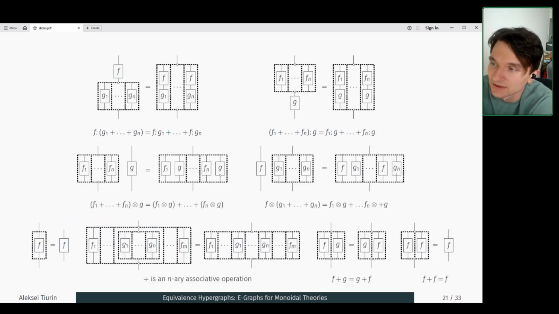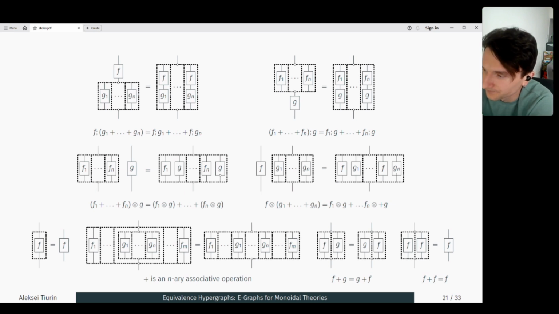So the set of equations looks like this. In particular, the topmost left one specifies, intuitively, that if G1 is equivalent to Gn, then the sequential composition of F with G1 is equivalent to the sequential composition of F with G2, and so on, and F with Gn. And similarly for the other rules, but for other types of composition.